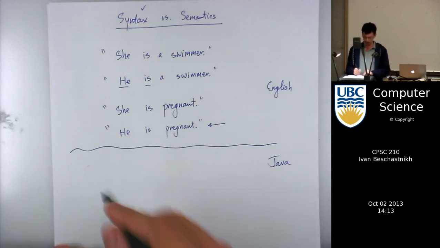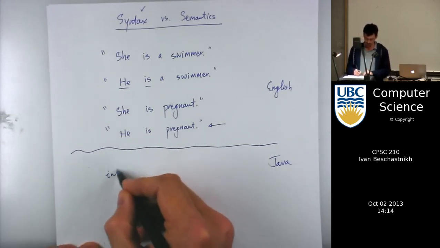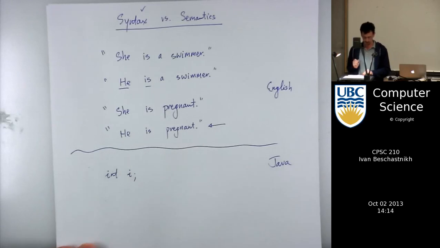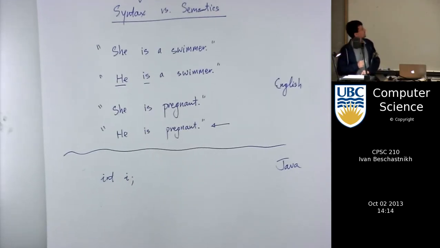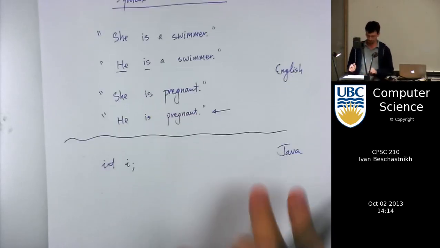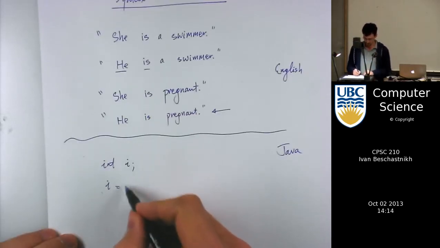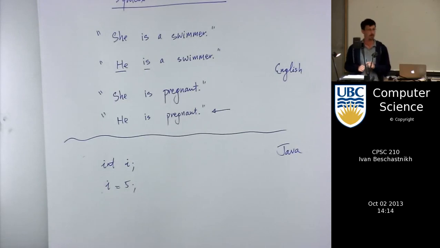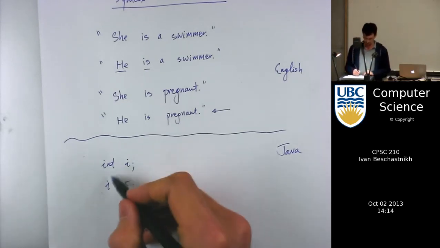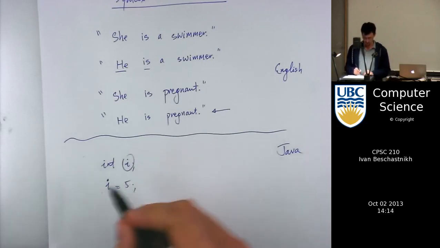So for example, I can define a variable i, int i, and that's legal. And then I can do something like i equals 5. And that's okay. It has a semicolon, right? I have the variable i, it's declared as an integer.